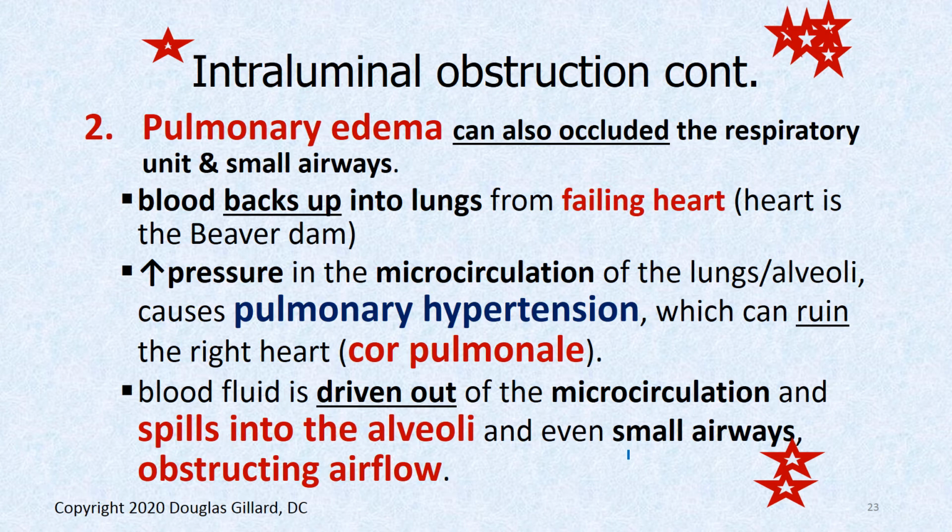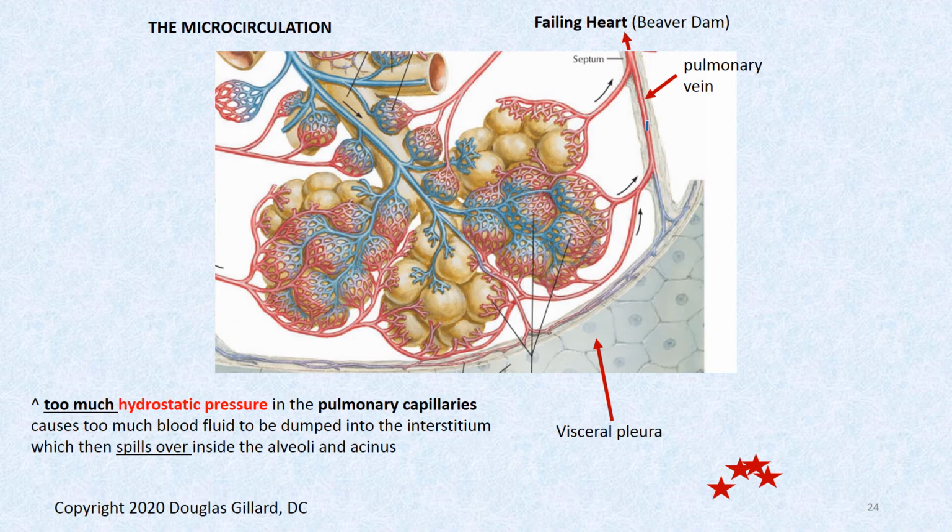You're not supposed to have any fluid in there. And then if it gets even worse, you can get red blood cells dumped into there as well. And you get that pink frothy sputum. Remember, there's the alveoli. If you watch my video, you're all up to date on this stuff. But these alveoli, there's an alveolar sac right here, which is connected to an alveolar duct, which you can't see very well. And there's a respiratory bronchiole.